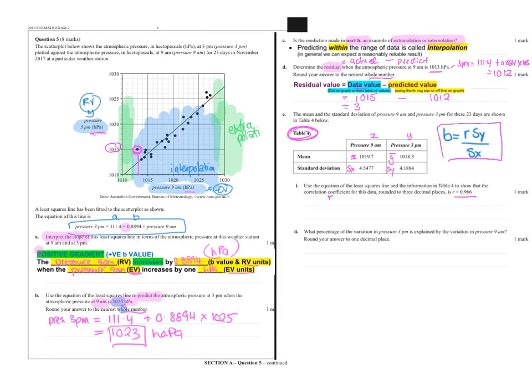We know B is the slope. They also said to use the least squares regression line formula, so I need to get B. B's over here. So B is 0.8894, which equals R, which is what I'm trying to find, times SY, which is 4.1884, over SX, which is 4.5477.